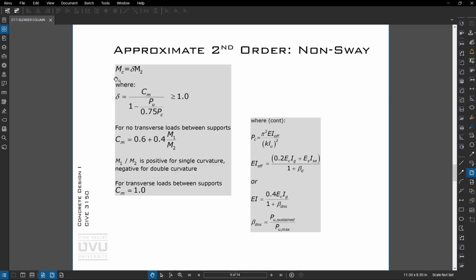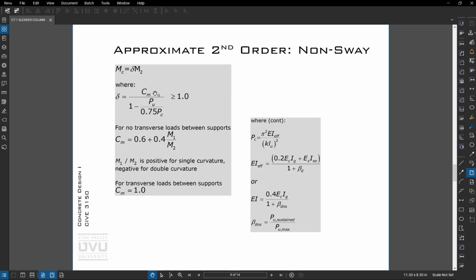So basically the final moment in the column is equal to delta times M sub 2, and delta isn't actual deflection, it's a non-sway second order approximation factor that we multiply by the moment. They should use a different symbol, but they don't.